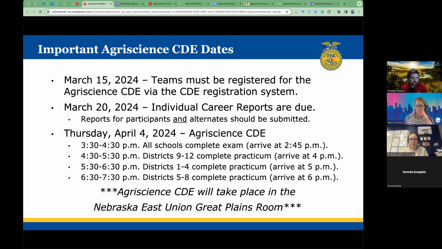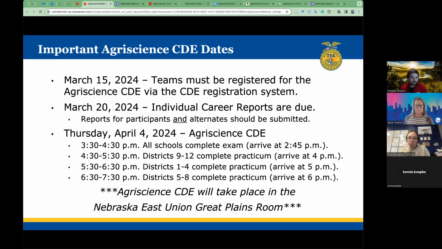The Agriscience CDE is going to happen on Thursday of state convention in the afternoon to late evening. So make sure that you're planning accordingly. The times are listed here. All schools, regardless of the district, will be completing the exam at 3:30 to 4:30. We'd have really appreciated if you had students start to arrive at 2:45. That way we can start the check-in process, and it speeds things up.